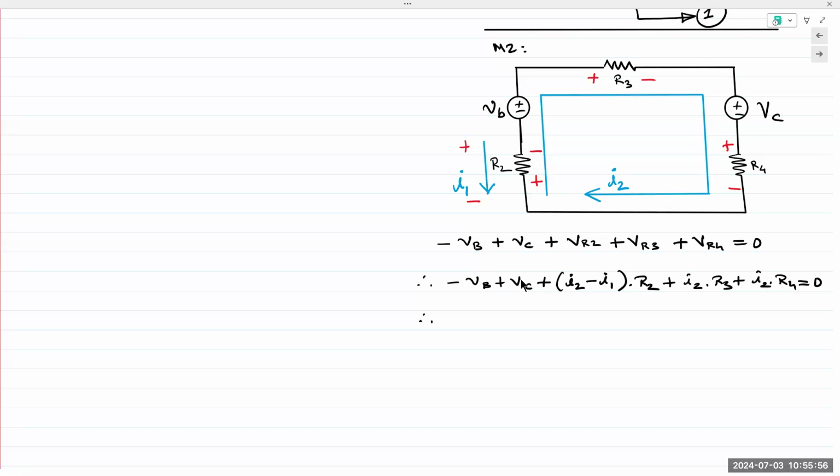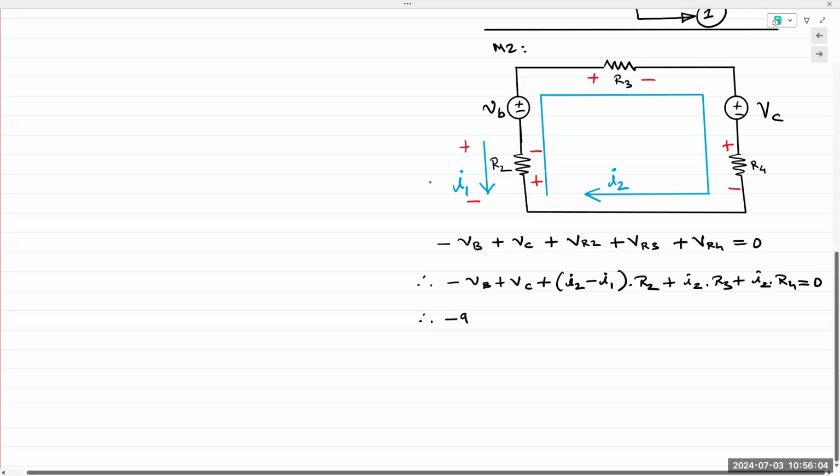Okay. Plug in all the known values. VB is 9 volts, so minus 9, plus VC is 1, so plus 1. And I'm going to combine this. R2 is 10, so 10 times I2 minus 10 times I1, plus R3 is 5 times I2, and again, 5 times I2.